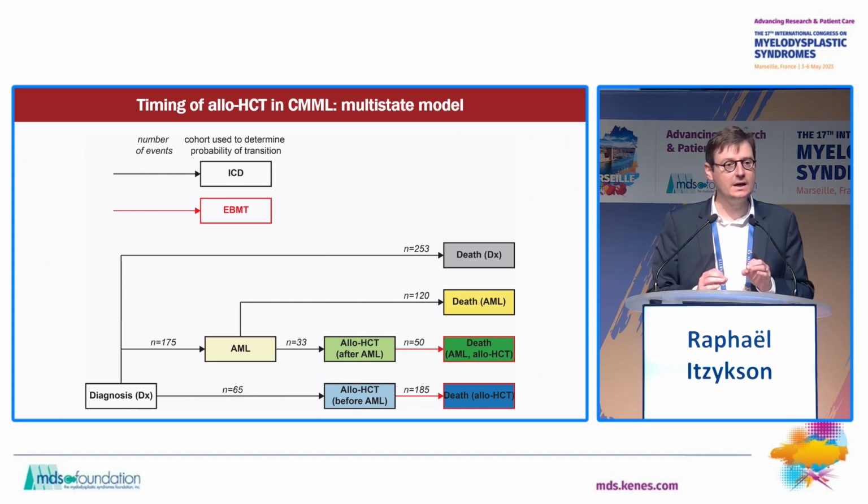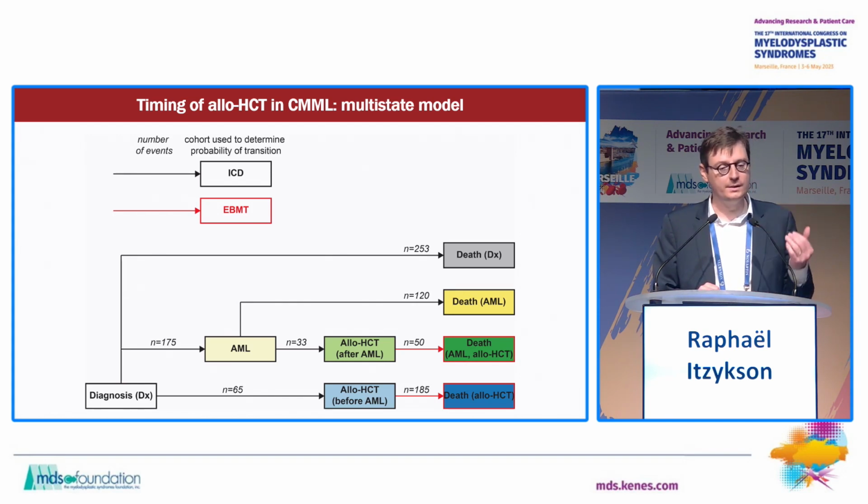Unfortunately, we did not have information on progression of CMML, say from CMML1 to CMML2, for instance, between diagnosis and transplantation. The only progression information we had was transformation to AML. So there's a lack of granularity here in appreciating transitions in disease progression in this study.